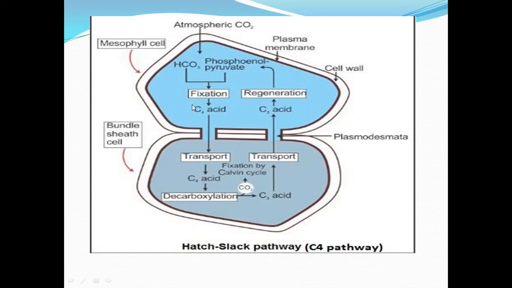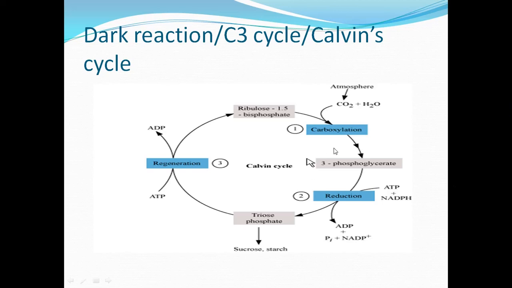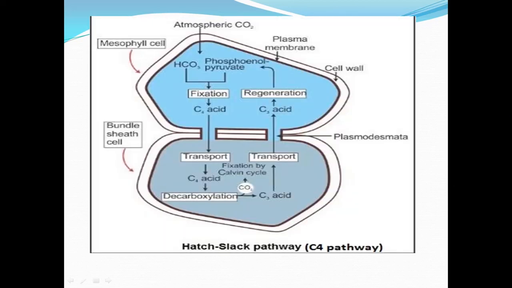Since the first stable compound in the C4 pathway is a 4 carbon acid, that is why it is called the C4 pathway. In the C3 pathway, the first stable compound is a 3 carbon compound, 3-phosphoglycerate, but in the C4 pathway, the first stable compound is a C4 acid such as oxaloacetic acid. That is why it is called the C4 cycle.